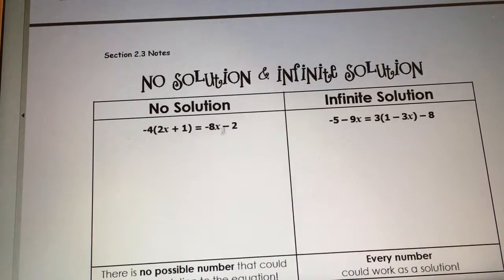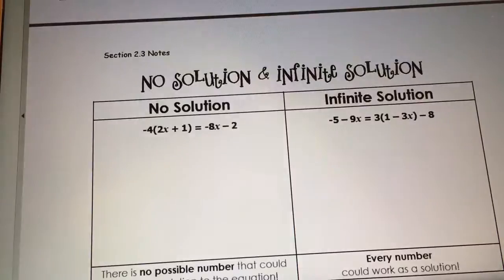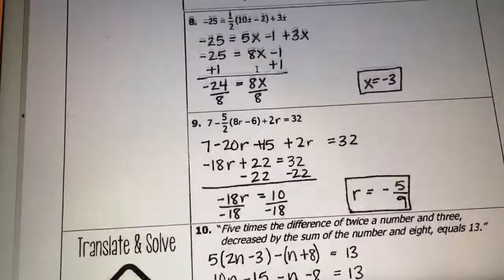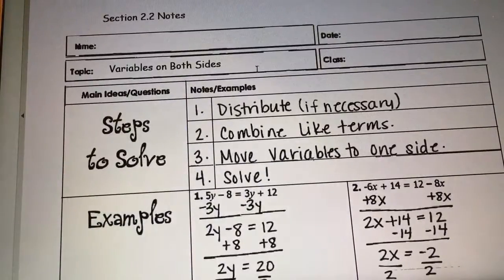So, we're starting with how to identify if one of the equations that we're trying to solve, which you've seen something like this before. We worked on this in 2.1 and 2.2. And remember, our steps for solving them were these right here.